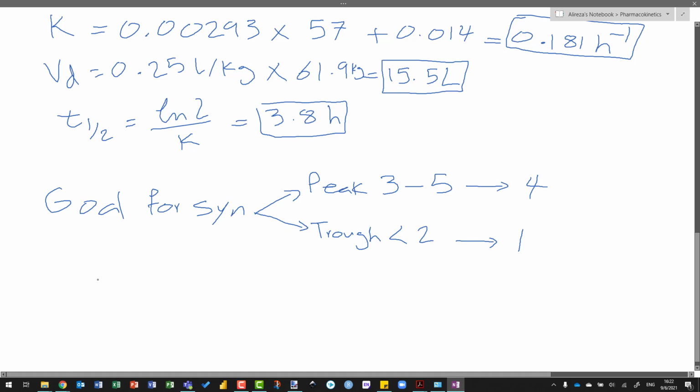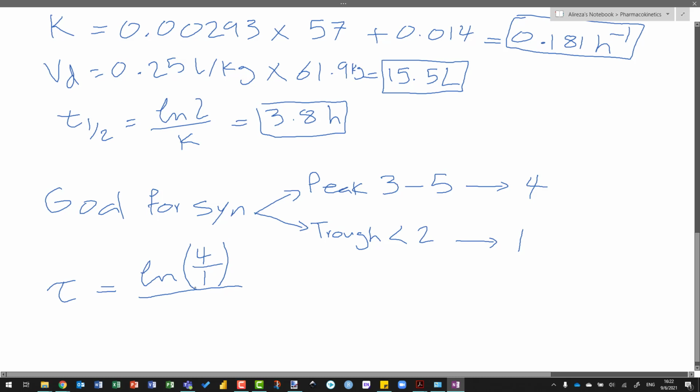Now the next thing we calculate is tau, which is the frequency. It's ln of your target peak over your target trough. This is what you want to achieve, not something that's measured yet because we haven't started gentamicin yet. We are hoping to use a frequency that would give us a peak of 4 and a trough of 1. This equation helps us separate the doses to allow time for the body to clear gentamicin to go from a peak of 4 to trough of 1.